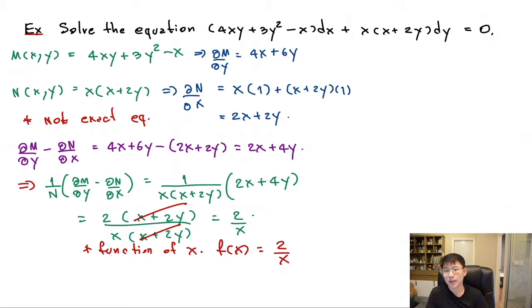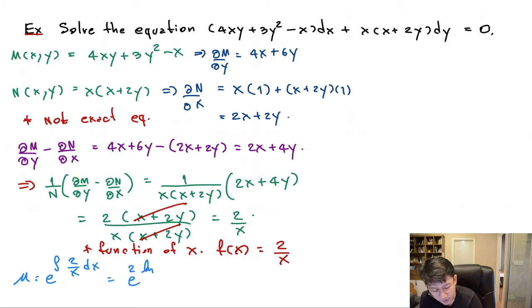The integrating factor is e to the integral of f(x) dx, which is the integral of 2 over x dx. So we have e to the 2 log absolute x, which is actually e to the log of absolute x squared, which is absolute x squared.